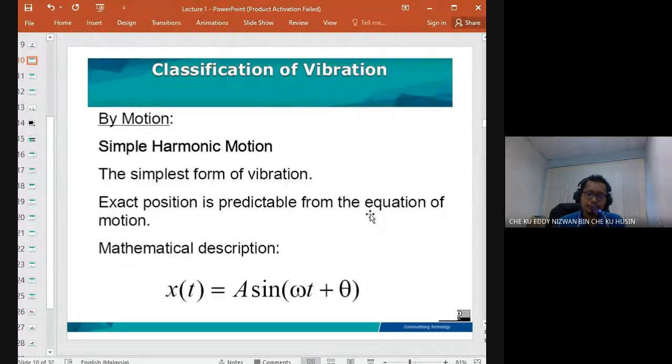If you give an initial disturbance, the system will oscillate with this kind of motion. A is the maximum amplitude, omega is the frequency of oscillation, how fast it oscillates, and theta is the phase angle, where it starts. If the motion we record starts from the equilibrium position, then we can declare theta equal to 0.